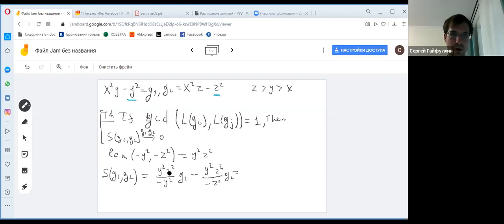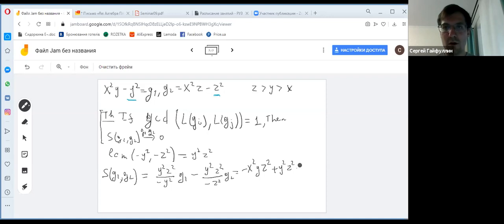This is equal to minus z squared g1, which is minus x squared y z squared plus y squared z squared, minus, and here is minus y squared multiplied by g2.